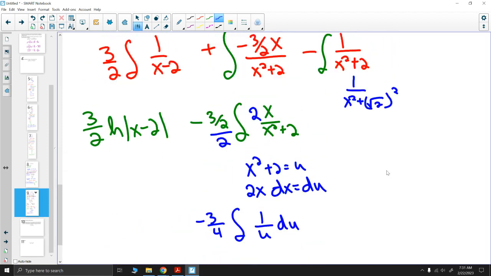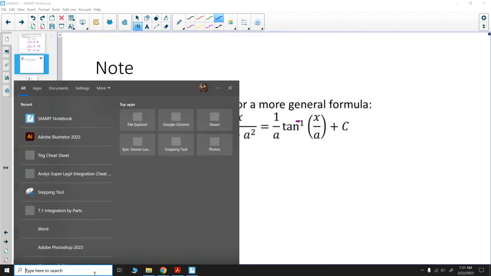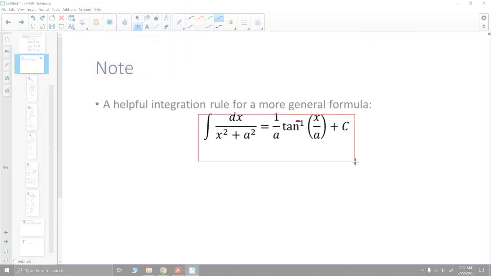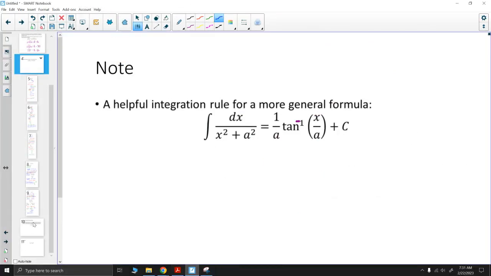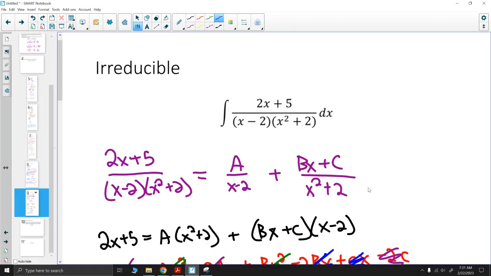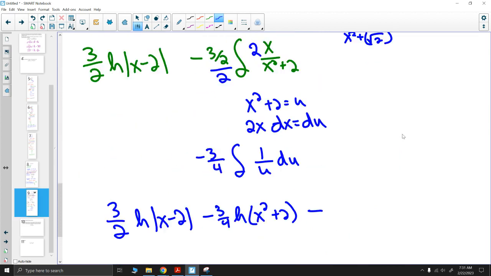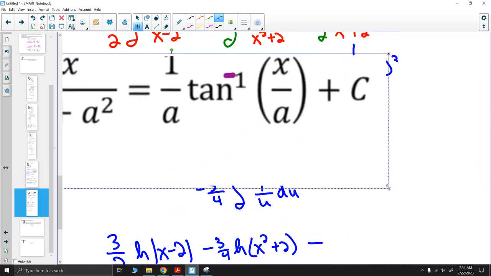So it's going to be minus, I'm going to just copy this so that I'm not going back and forth. Again, we're applying this rule here. Okay, so paste this in, shrink it down a lot.